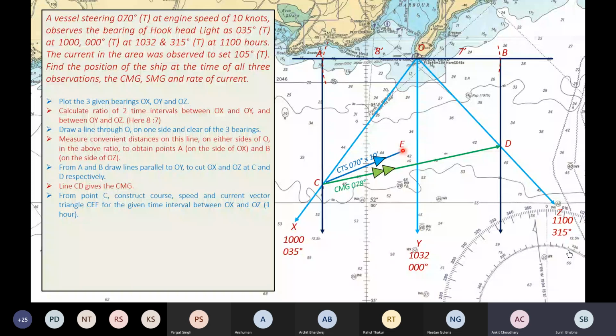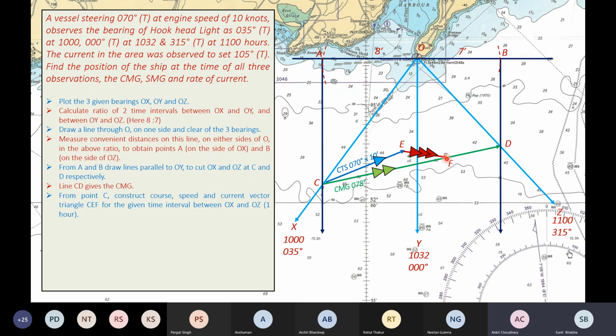Now at point E, I apply my current. In the question, the current in the area is setting 105 degrees true. So from point E, I mark my current in the direction of 105 degrees true. You can see the red color vector in the direction of 105 representing the current vector. Current vector is represented by triple arrows, 3 arrows, so let's label this vector with 3 arrows.